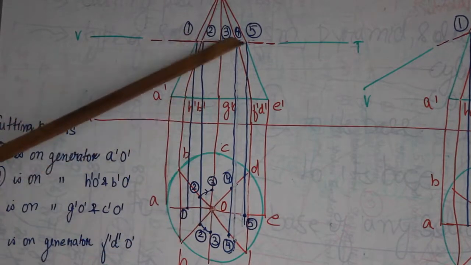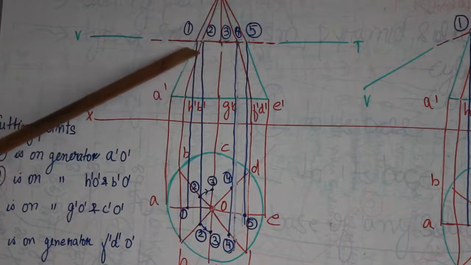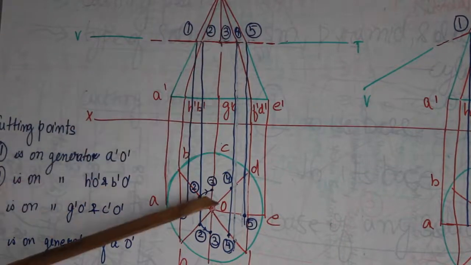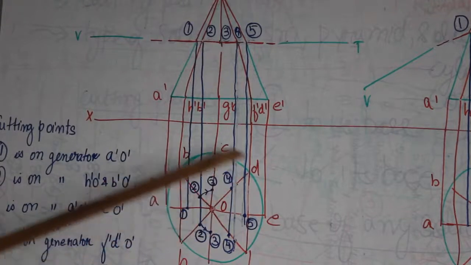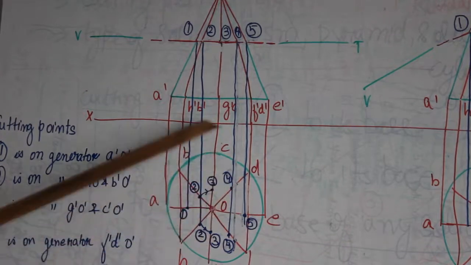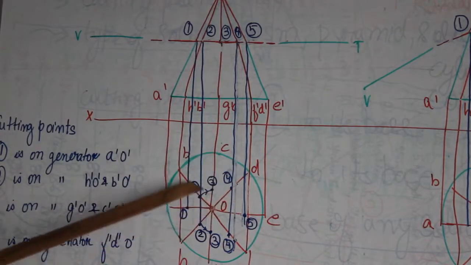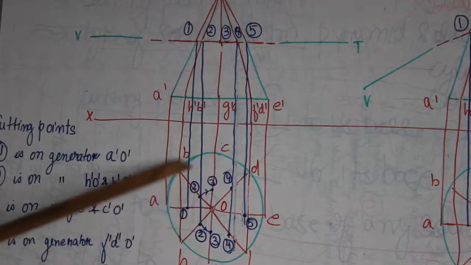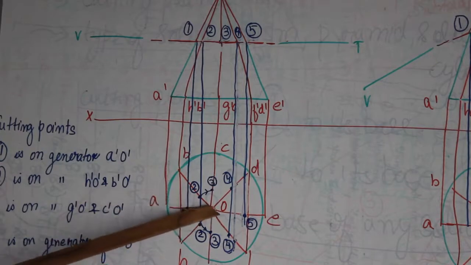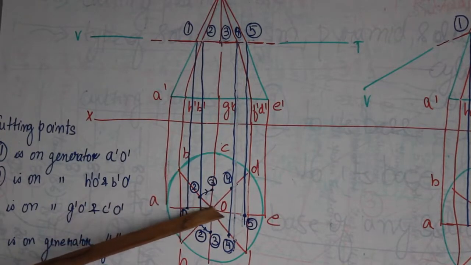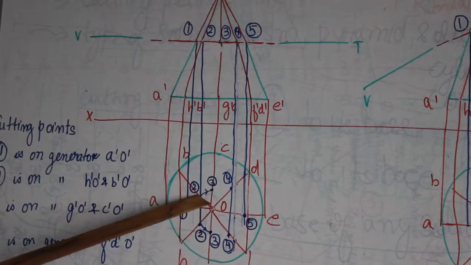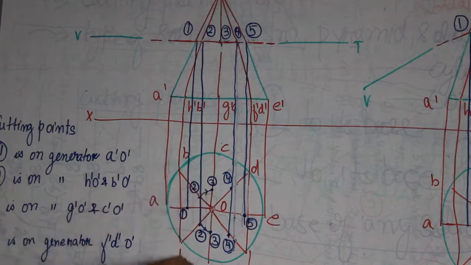Because if the plane cuts the solid parallel to its base, all the cuts obtained on the generators will be at equal distance. So we have taken the radial distance from the apex O to point 2, which is obtained on the generators BO and HO.